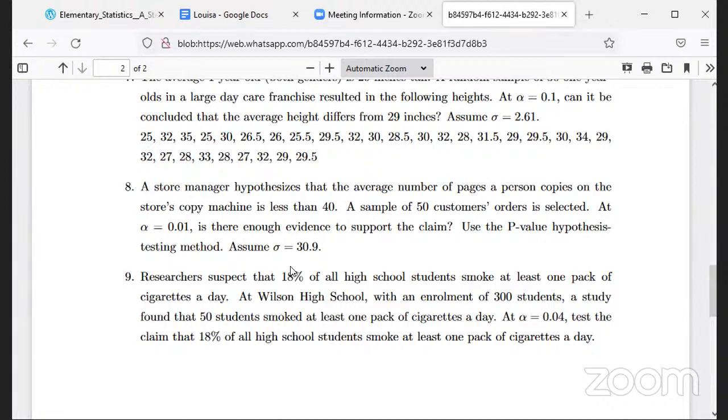At 0.04, test the claim that 18% of all high school students smoke at least 1 pack of cigarettes a day. So we're going to test the claim and either accept or refute it based on the calculations we're going to do. So let's proceed.